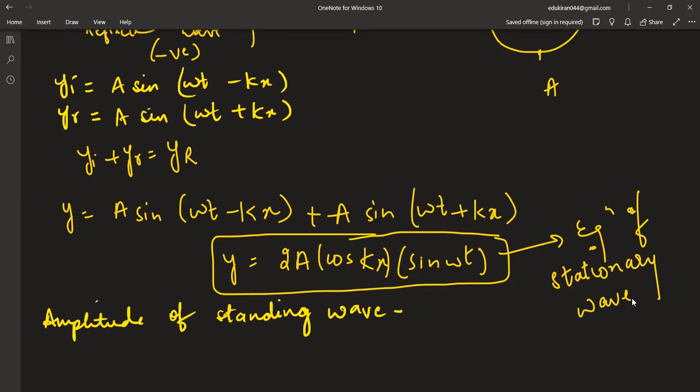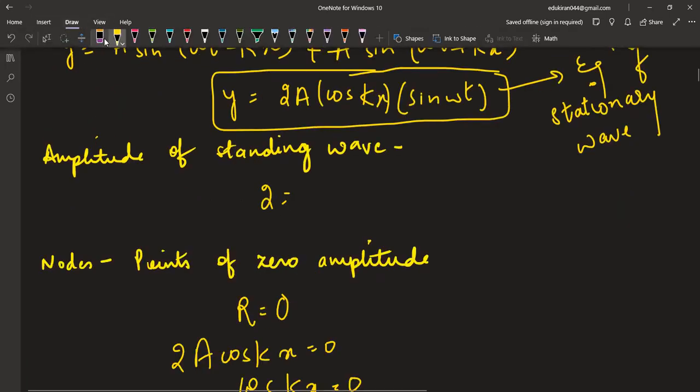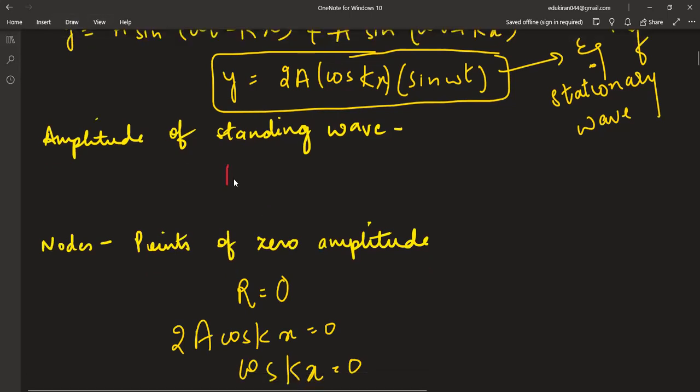All right. So the amplitude of the resulting stationary wave is written as 2a cos kx, because anything apart from the sine term becomes your amplitude. So this entire term is the amplitude.